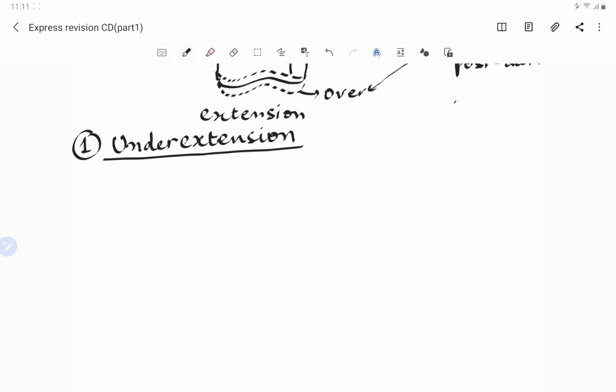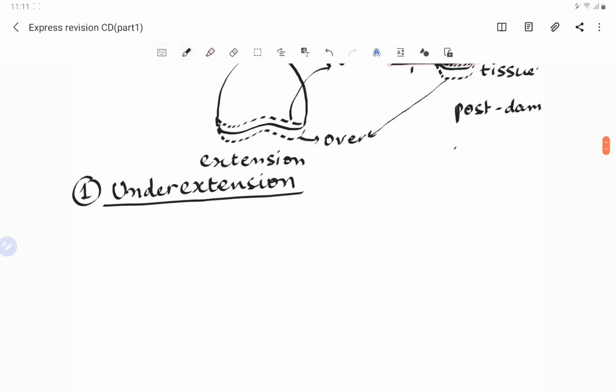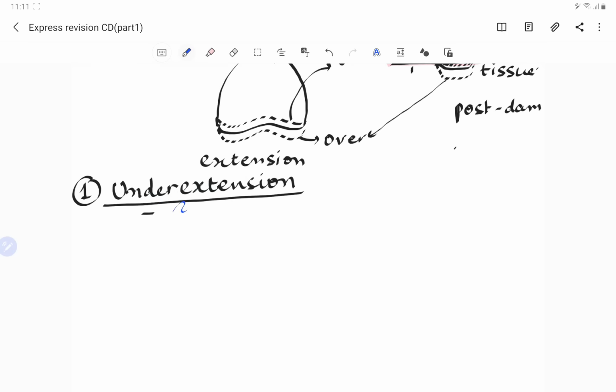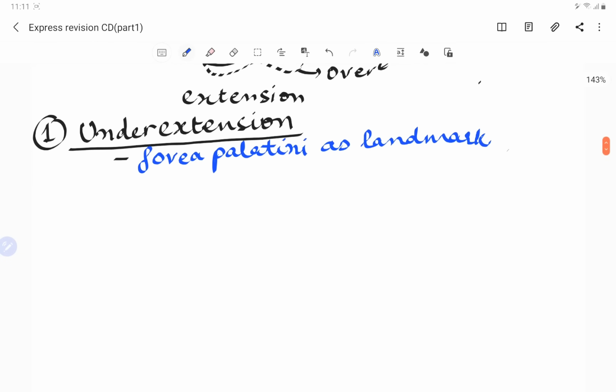that means the distal extension of the denture is above the posterior vibrating line. This happens when we are using the fovea palatini as a landmark. And suppose when you are taking an impression the patient has a gag reflex, so because of that you have trimmed the denture trial base.